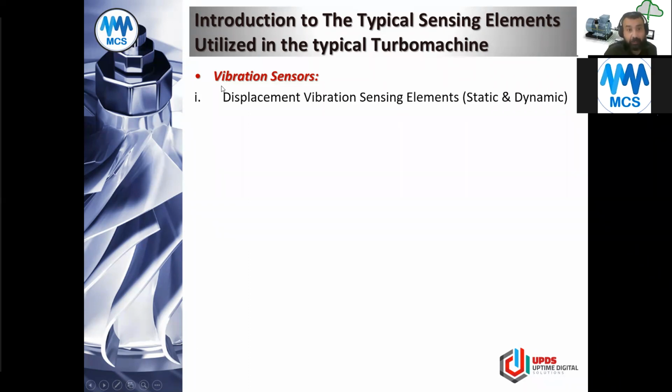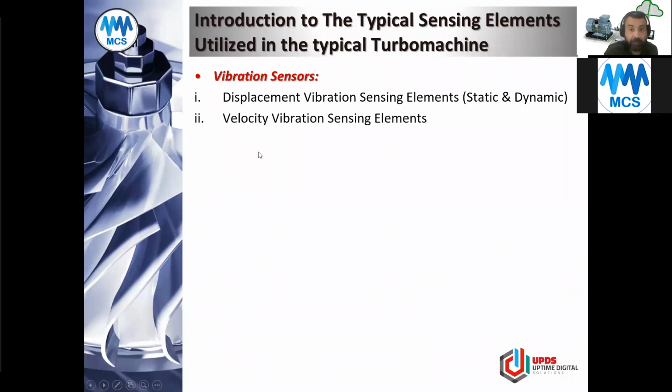If we are speaking about vibration alone, we have what we call displacement vibration sensing elements. And we have two major outputs of the displacement vibration sensing element, static and dynamic. This is very commonly known by the commercial name eddy current probe or proximity probe.